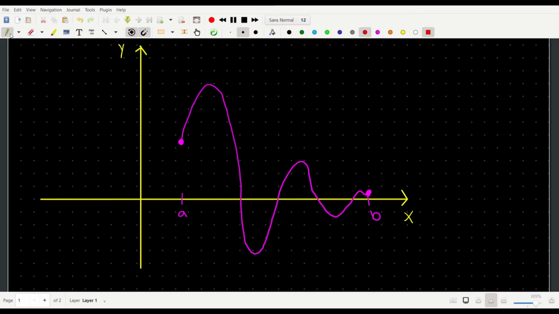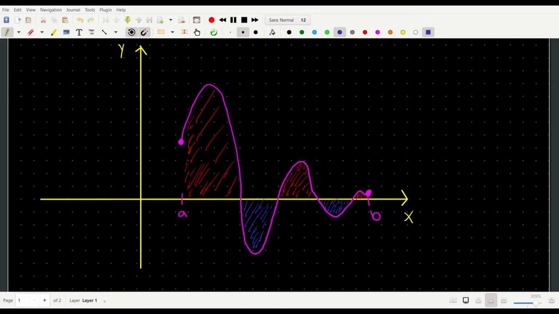And what I mean by that is that if you were to calculate all of this area right here, all of the area of the function above the x-axis, and subtract from that all of the area of the function below the x-axis, so this area right here, the value that you get from the definite integral of this function is exactly all of the red area, that value minus all of the blue area, right?